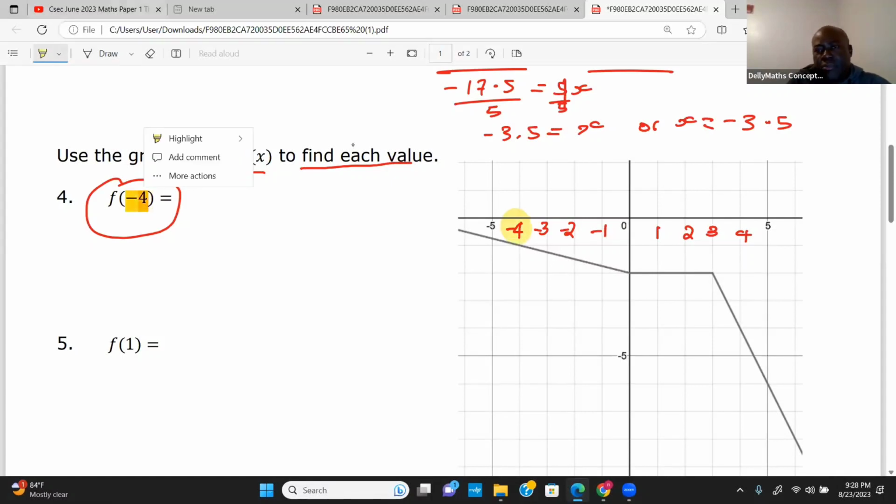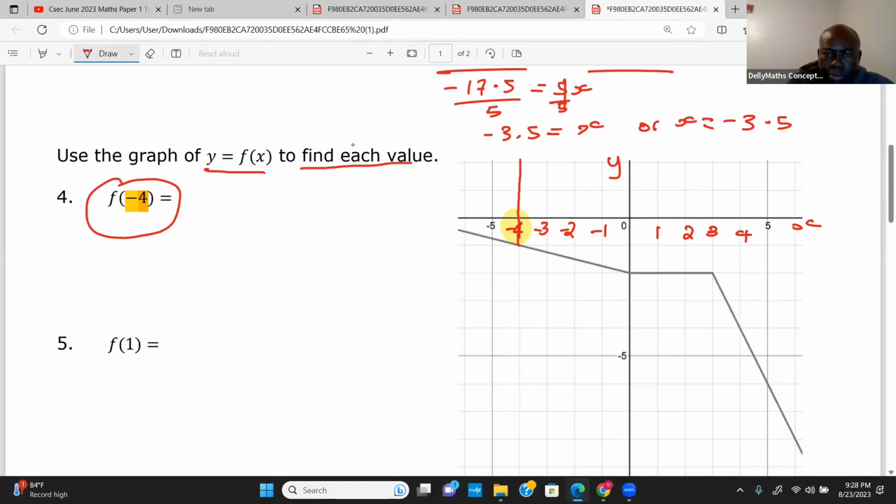So it's on the x-axis. If you want me to label, this is our x and this is our y. On the x-axis, what I want to do is find that negative 4. I've highlighted it in yellow, and I'm going to look at the line that passes through negative 4.